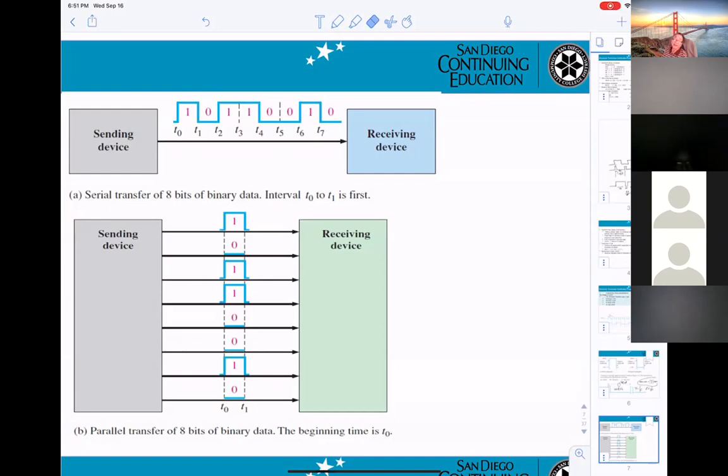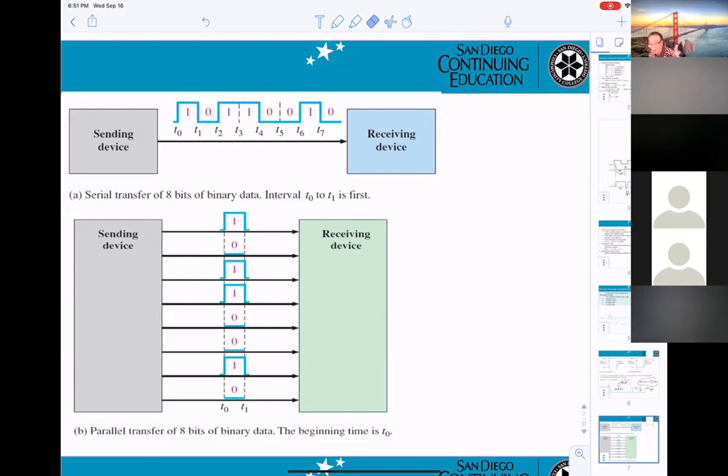Do you know which one in your home they use serial? Are you talking about telephones and TVs? Exactly. Telephone, they only need 1 wire. The data transmits a million bits. No big deal. However, if you look at the next one, this is parallel data.